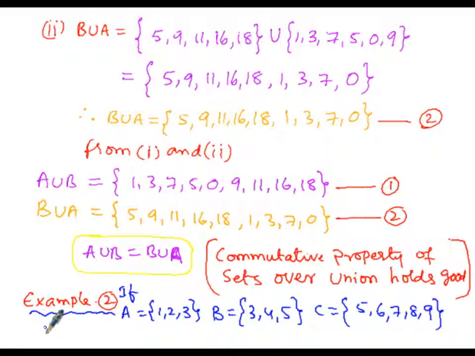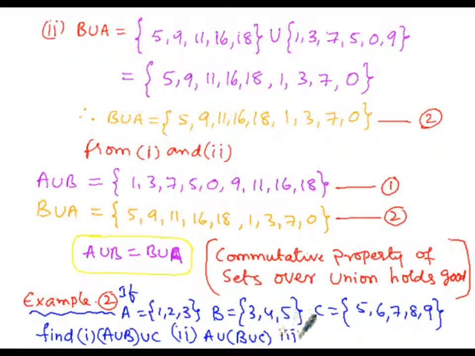Then let us find out the first case as A union B union C, and the second one as A union of B union C. Then the third one, after finding the results of A union B union C and A union of B union C, what do you observe or what do you infer?